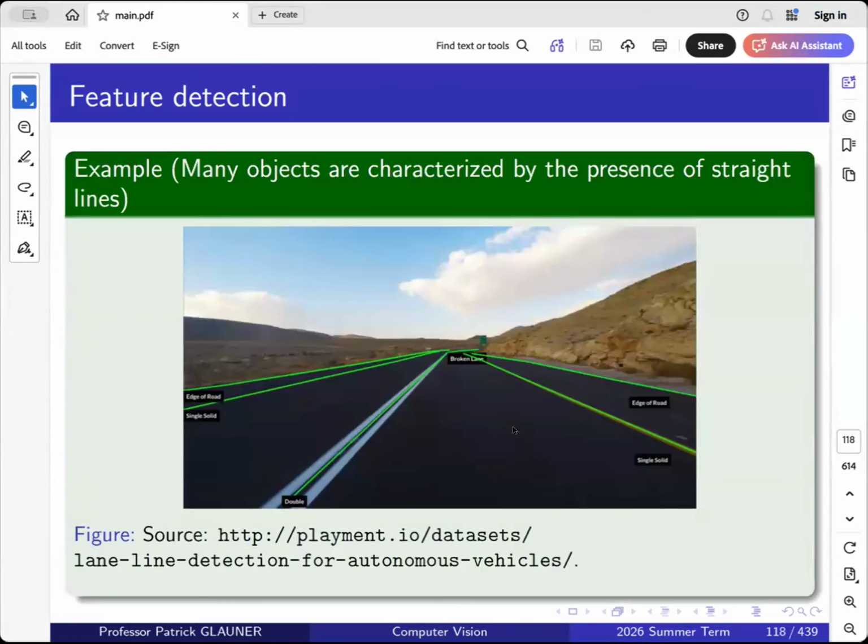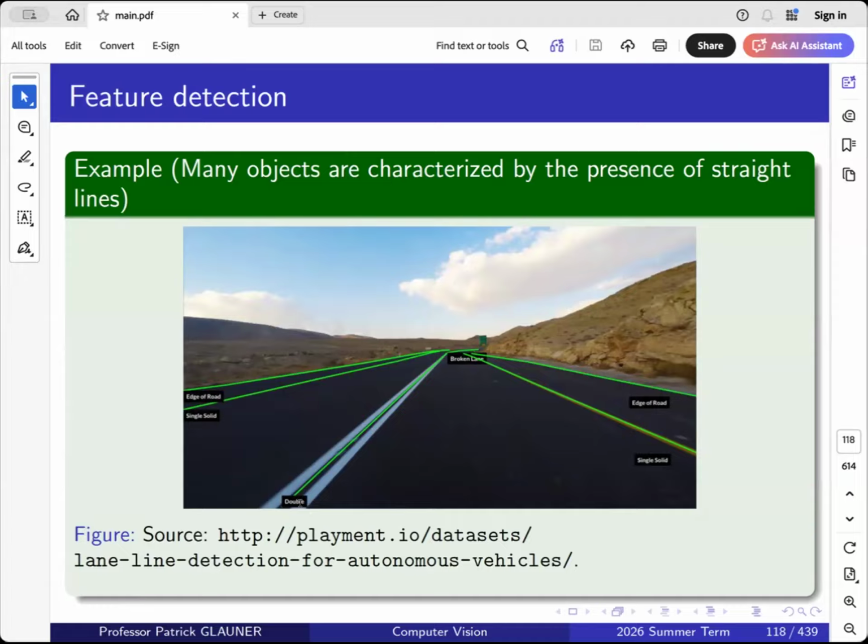So back to feature detection, and if we have this sample image here, there are lots of objects that could be characterized by the presence of straight lines. Say we want straight lines, we could find quite a few straight lines in here.